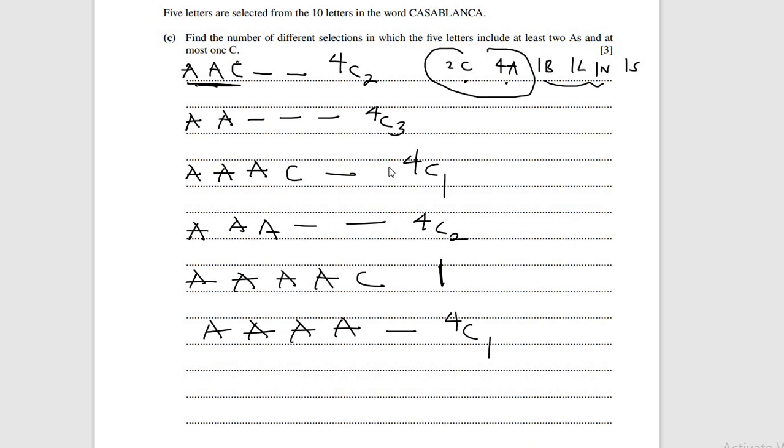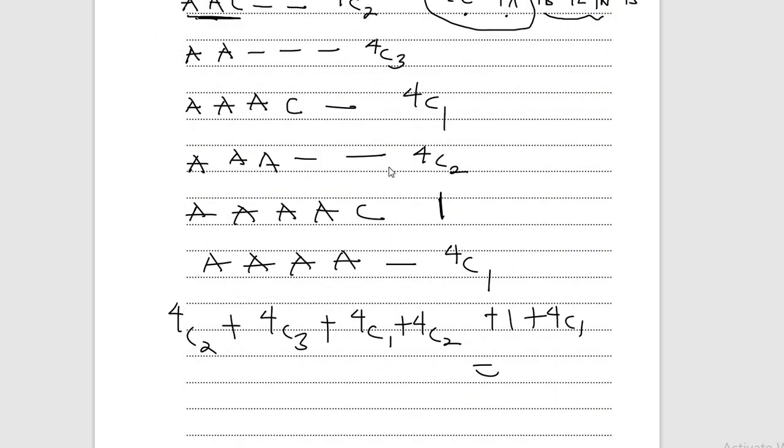So let's add them together. What's the total? Let's do it. 4 combination 3 is what? That's 4.